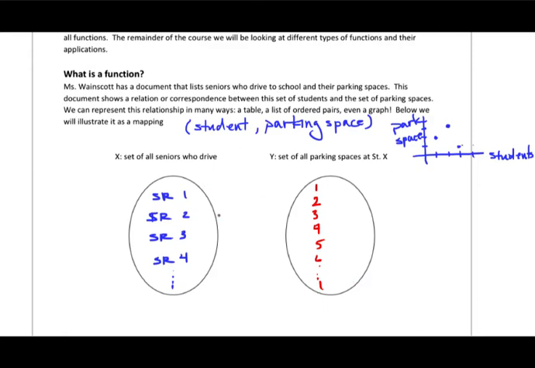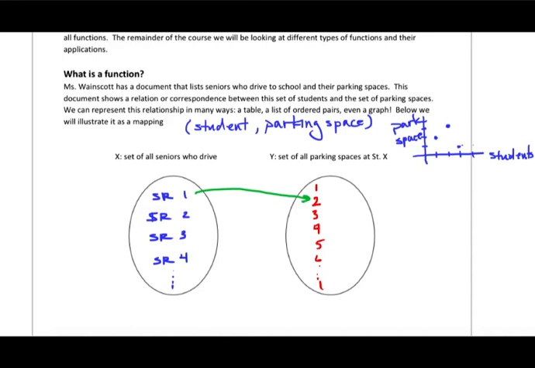We have these two sets, and what a mapping does is show the correspondence between those sets. Let's say senior number one gets assigned parking space number two. We call that correspondence.